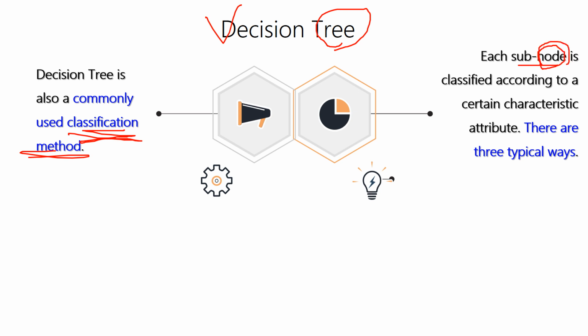If you know plants, a node can grow a new node, and they will develop as branches and leaves, that kind of stuff. Each sub-node is classified according to a certain characteristic attribute.